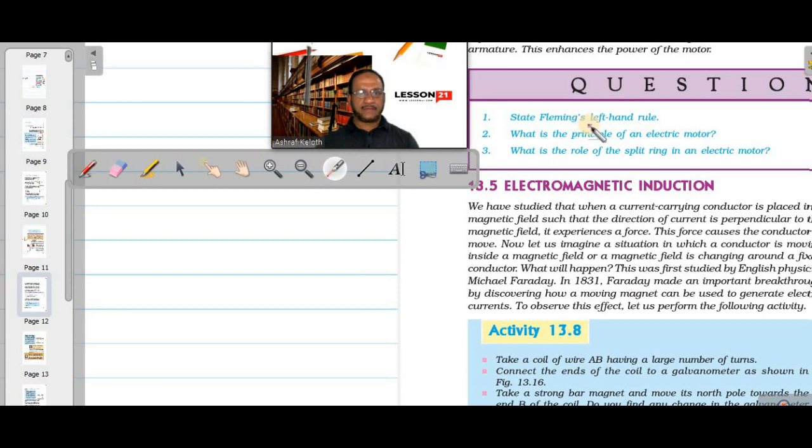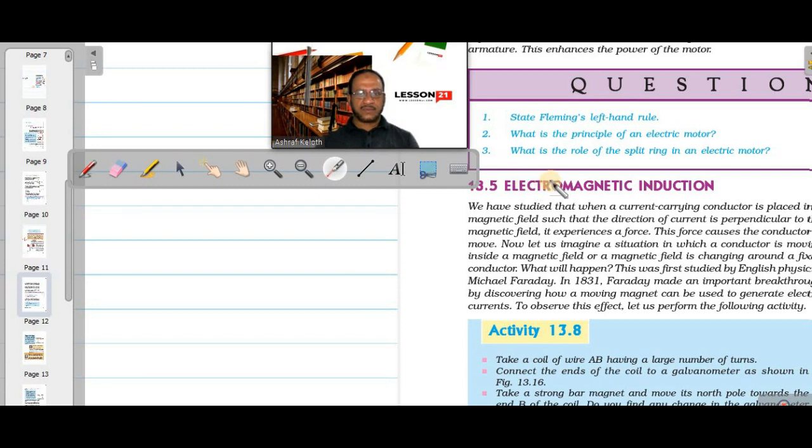If the index finger points in the direction of the magnetic field and the middle finger in the direction of the current, then the thumb will point in the direction of the force acting on the conductor, or the deflection of the conductor.